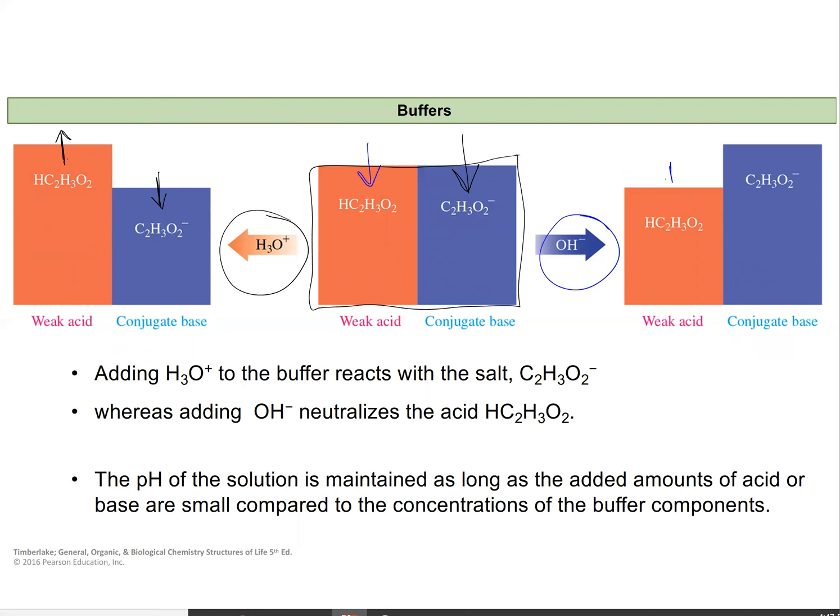And I would see a decrease in that acetic acid concentration and an increase in my acetate. But my equilibrium constant would maintain a balance between these, so I would not see a very significant change in my pH. So here we're just highlighting that our acid reacts with the weak base of our buffer, and base reacts with the weak acid of our buffer system.